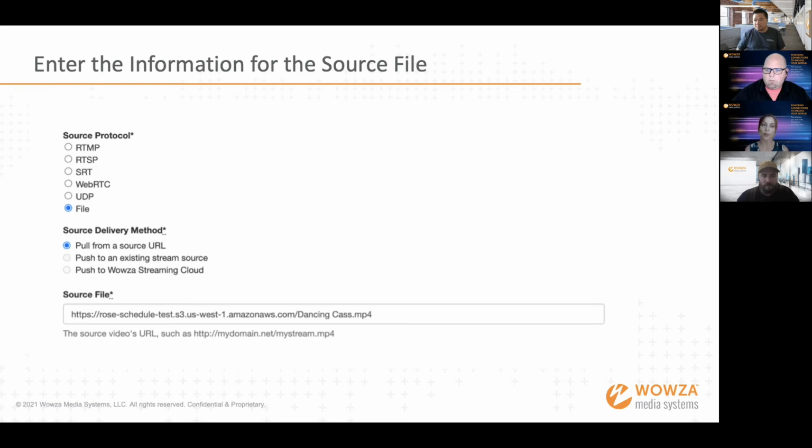Quick tip for you, when you are setting this up, no matter what you're using, it doesn't have to be the S3 bucket, but when you are provided with that source file or that object URL, take that URL, drop it into a browser and play it. Make sure that video is playing first before you come in here and set this all up.